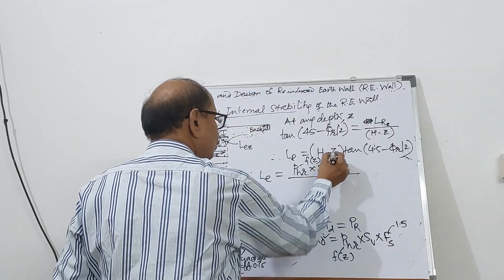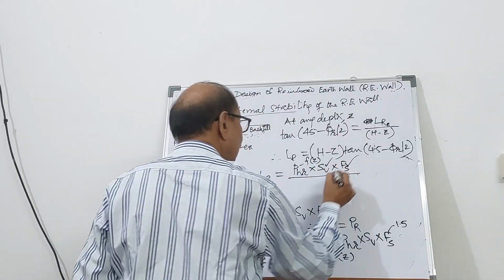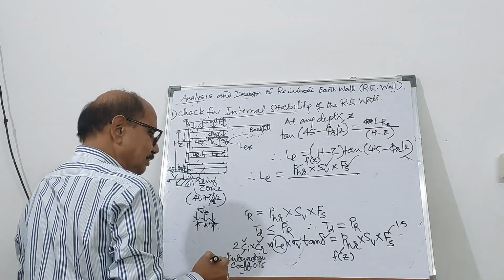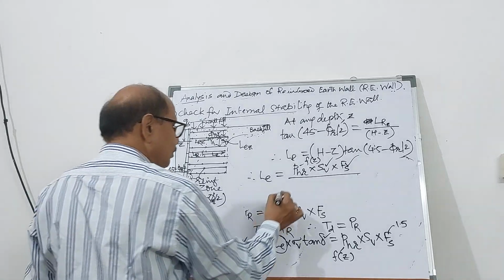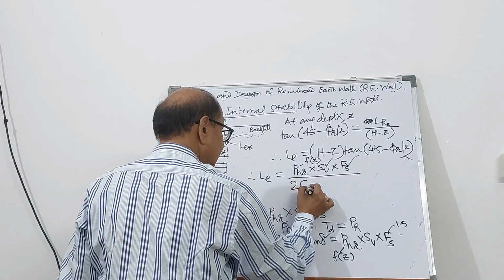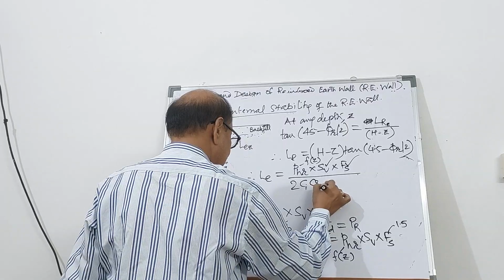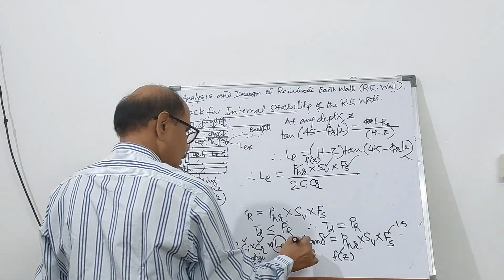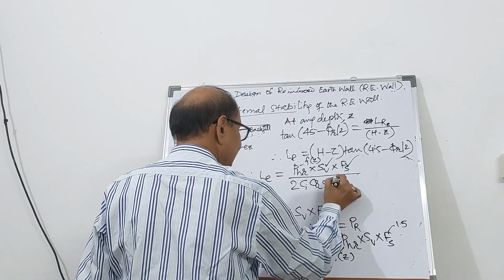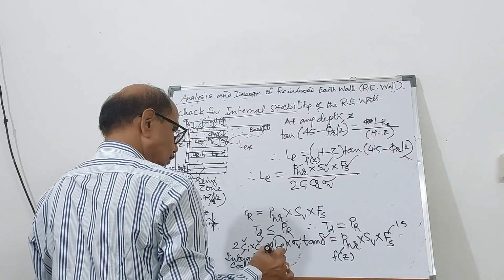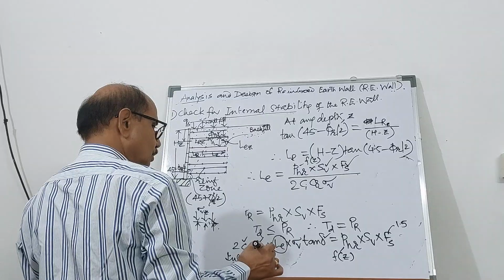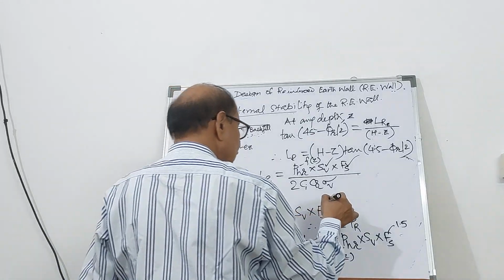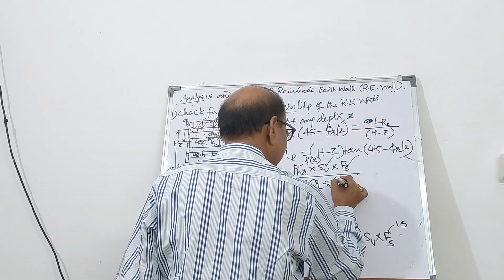SV is already known to you. Factor of safety is already known. This is in terms of Z, divided by 2 times Ci, Cr, sigma V, the vertical pressure, into tan delta.